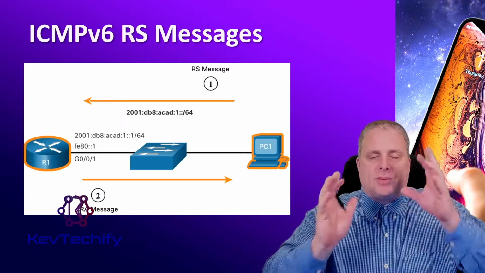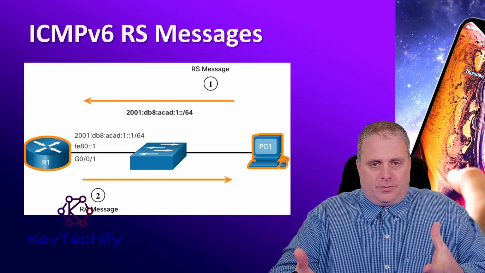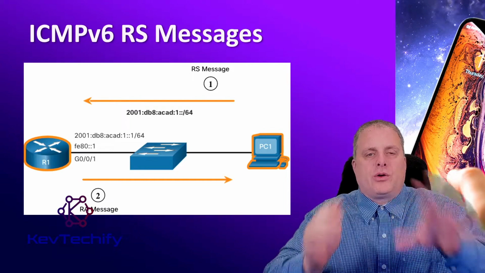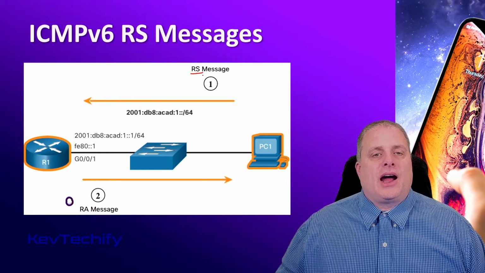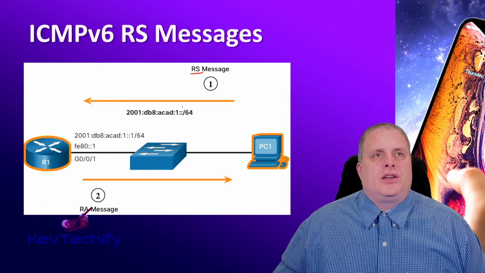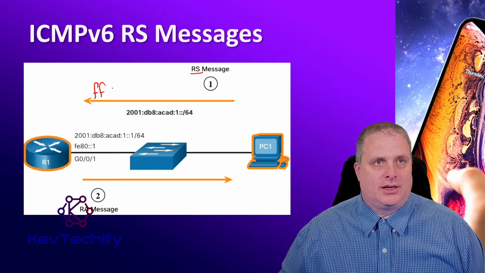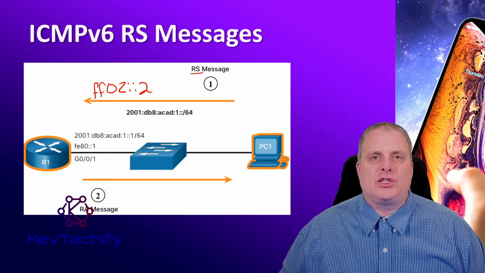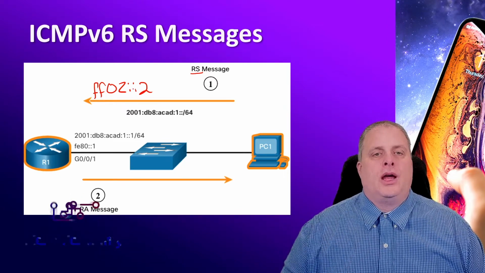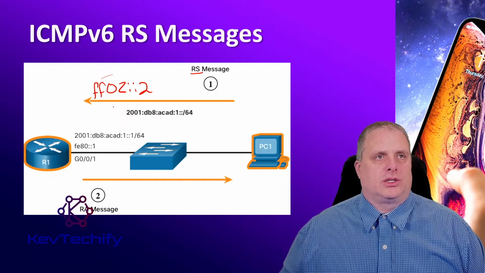Through the process of a PC booting up and connecting to my network, when the PC boots up, it sends out a router solicitation message. This RS message gets sent out. That RS message is directed to a special address, FF02::2. Once again, that was the multicast address for the all routers group. We send out this router solicitation message to all of the routers.